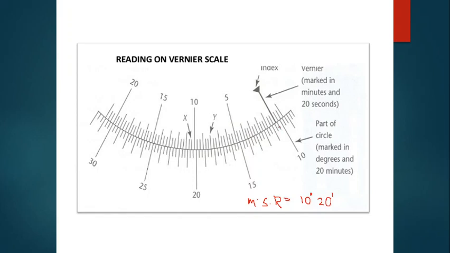Similarly, if the 0 of vernier A is closer to the next line, that is the 40 minutes line, then the coincidence may lie between 15 and 20. So like this you will get a rough idea of where the coincidence may come. For now, with this arrangement, I can say somewhere around 10 you will get the coincidence.